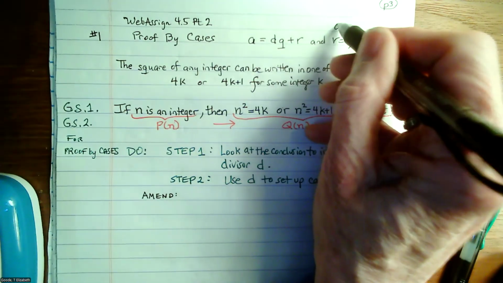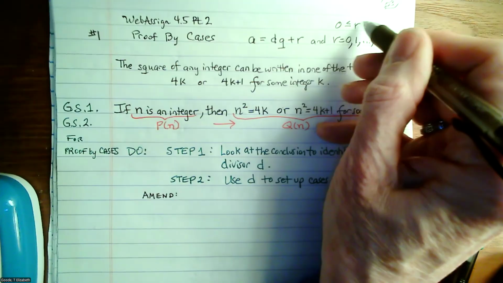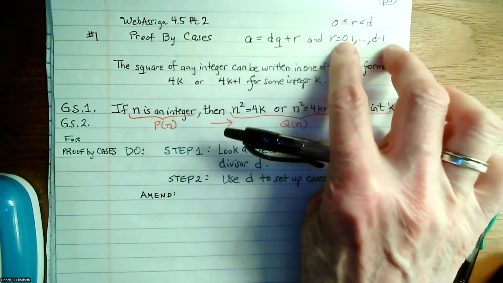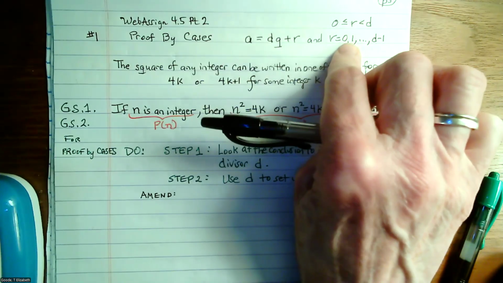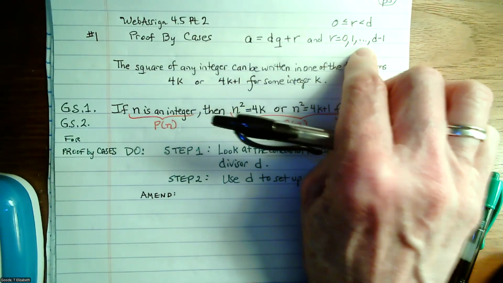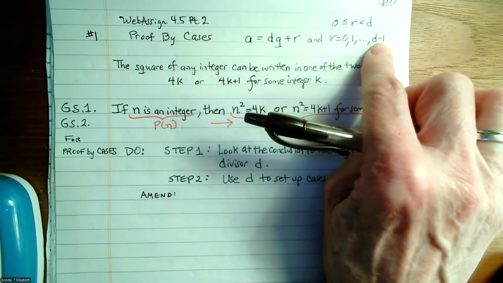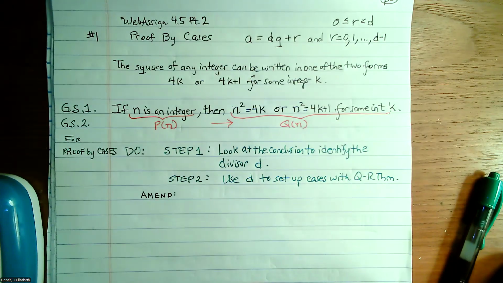That's another way of saying 0 is less than or equal to R is less than D. These are our possible remainders. The remainder could be 0, could be 1, could be all the way up to D minus 1, but the remainder cannot be as large as the divisor D. Do you remember that?